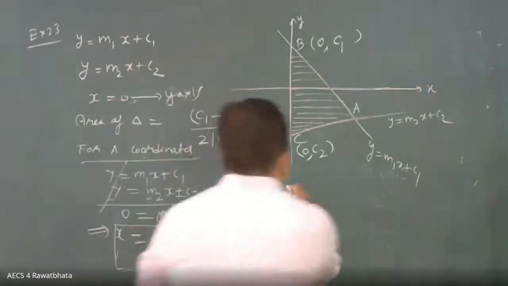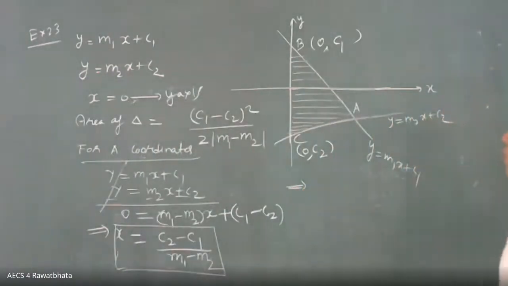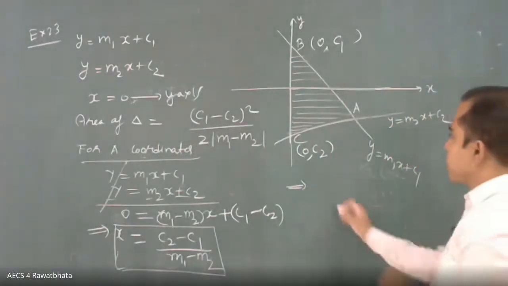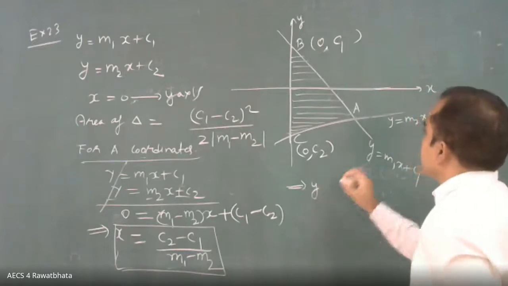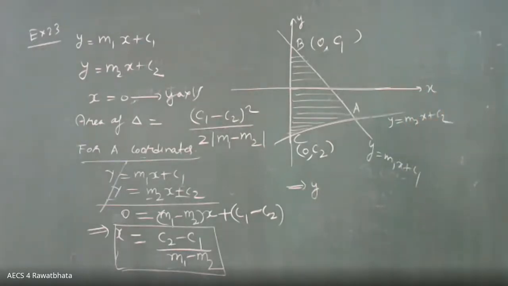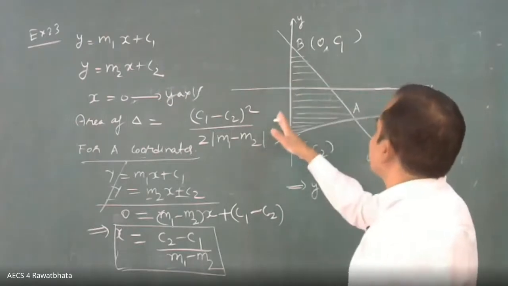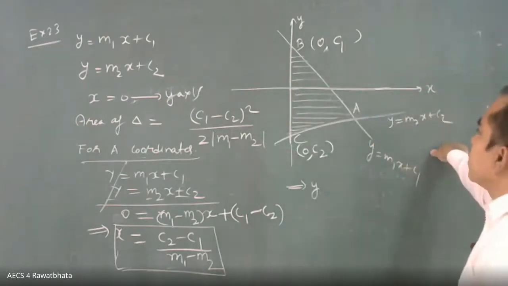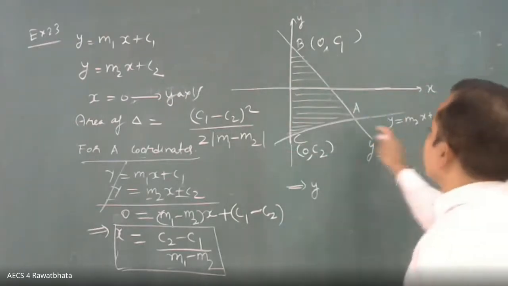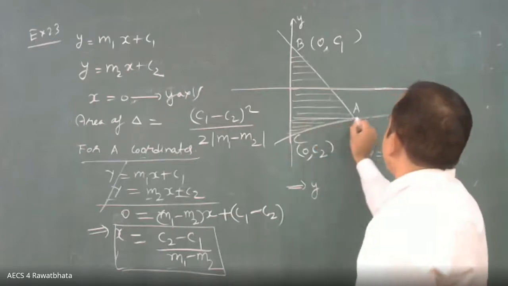So the y coordinate will become... but if I use that, what formula should I use to get the area of the triangle? Half base into height. If I apply, the base will be c1 plus c2, and the height will be, this should be the height.